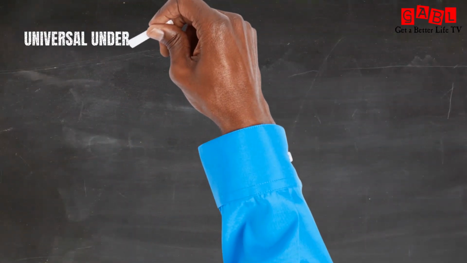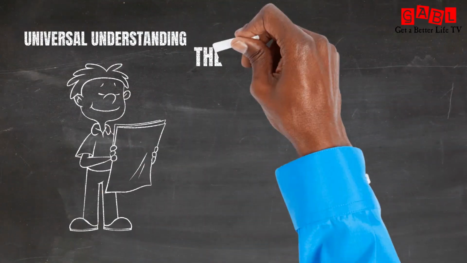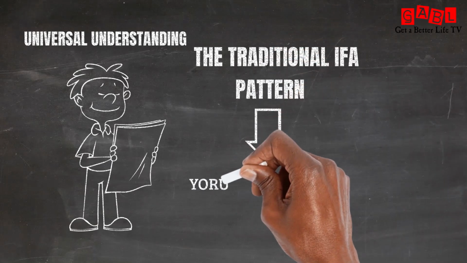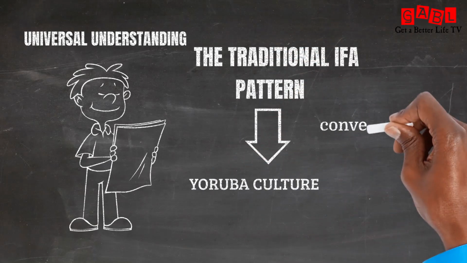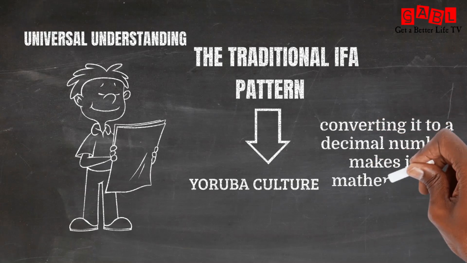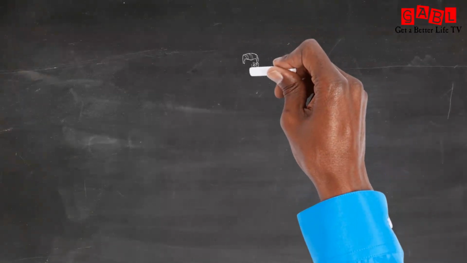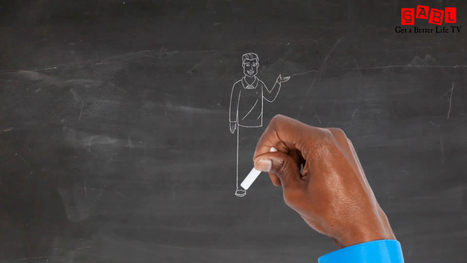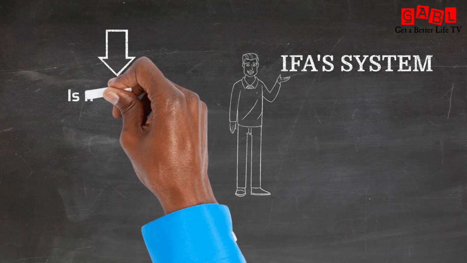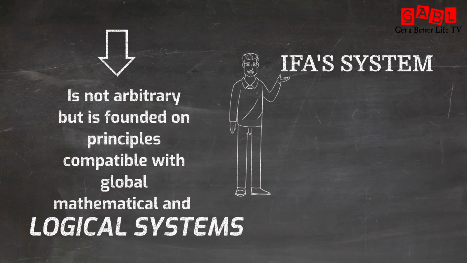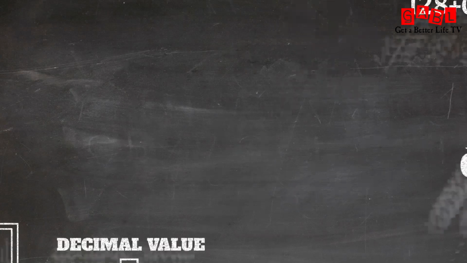Then 3, universal understanding. The traditional Ifa pattern is sacred and meaningful within Yoruba culture. Converting it to a decimal number makes it mathematically structured and universally understandable. It demonstrates that Ifa's system is not arbitrary, but is founded on principles compatible with global mathematical and logical systems.